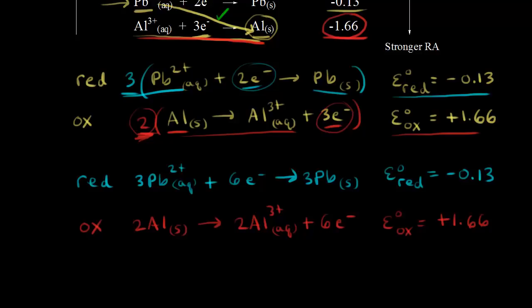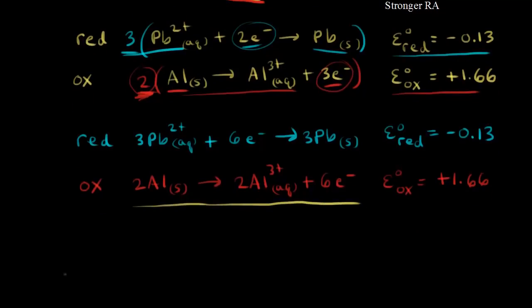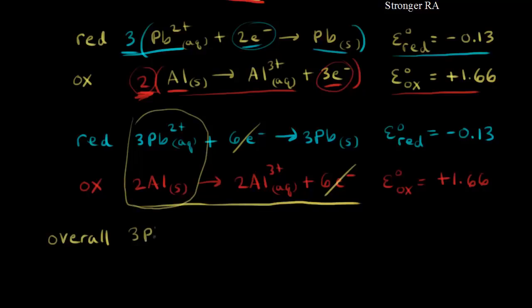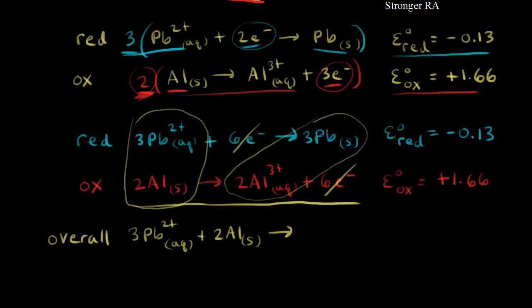To get our overall reaction, we just add together our 2 half reactions, right? So the electrons would cancel out, the 6 electrons. So let's write our reactants, which would be 3Pb2 plus and 2Al, giving us, for our products, 3Pb plus 2Al3 plus.